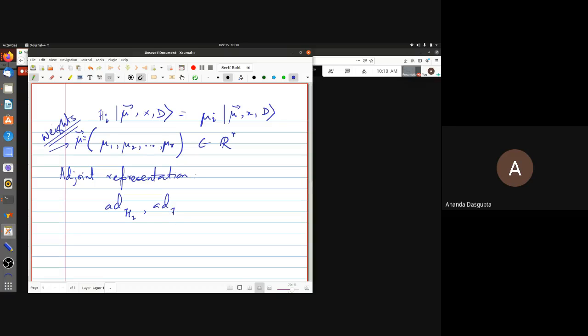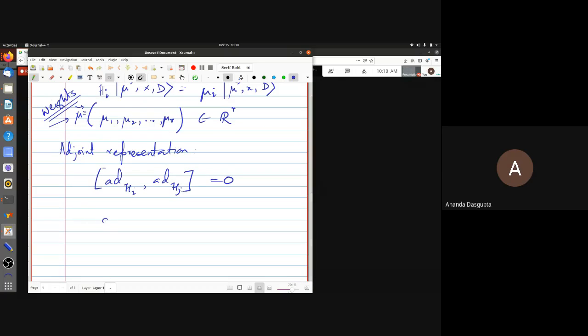Because this is a representation, the ad HI's commute. So they have a set of simultaneous eigenvectors which are generators of the Lie algebra themselves. And this is how it works out. This really means the commutator of HI with E alpha is alpha I E alpha.